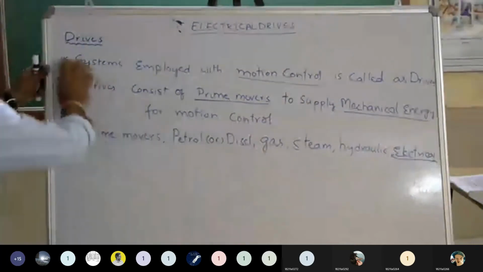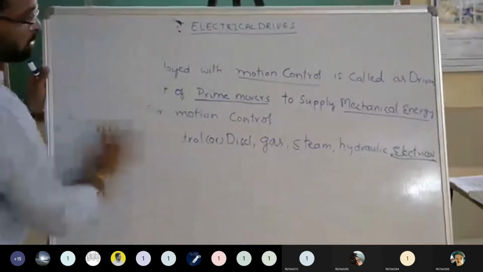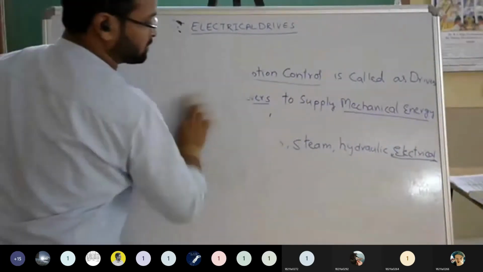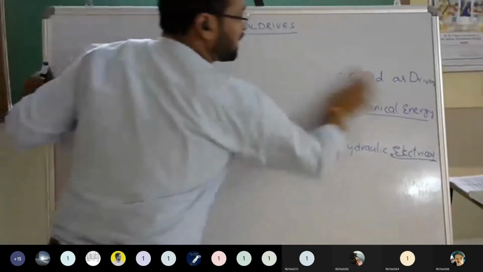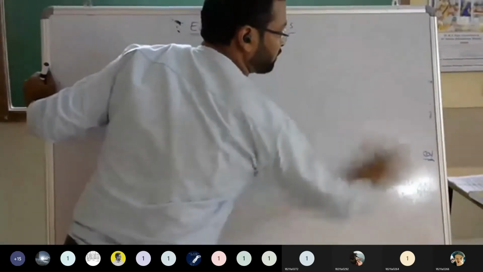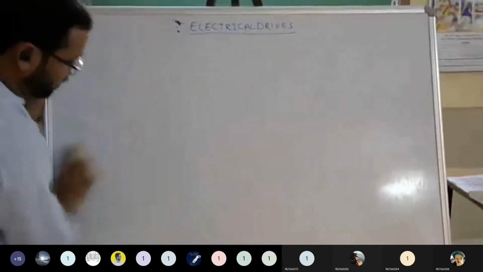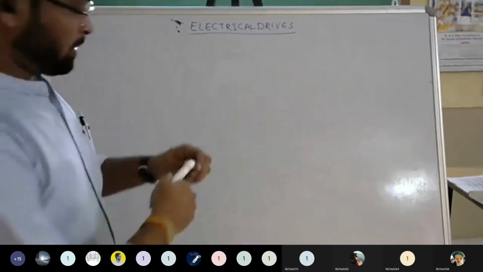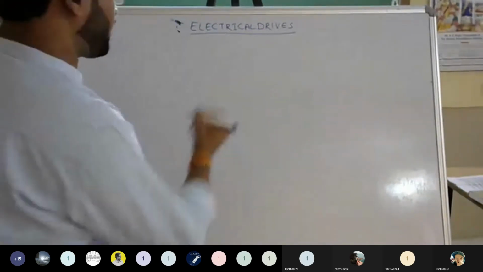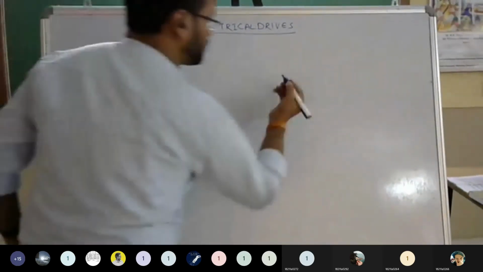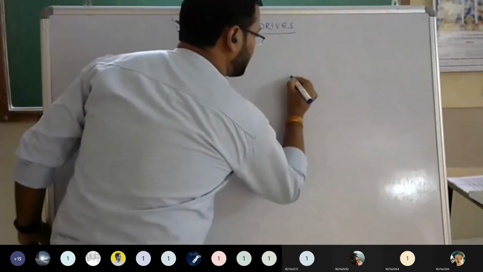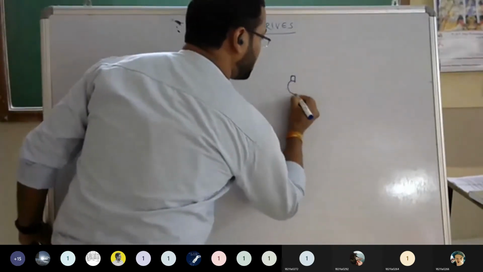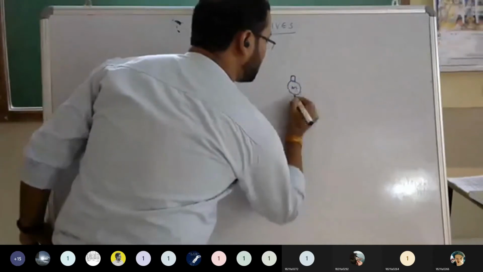Why? First we will check how electrical drives were available previously. Then we will come to why now it is becoming popular. Suppose we take one example to understand how the drives were before. Suppose we take one DC motor.